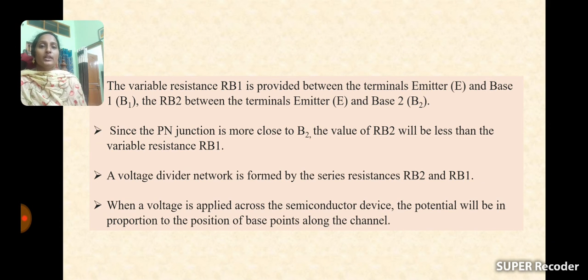So see here, the variable resistance RB1 is provided between the terminals emitter and base 1, and RB2 is between the emitter and base 2. Since the PN junction is more close to B2, the value of RB2 is less than the value of RB1.